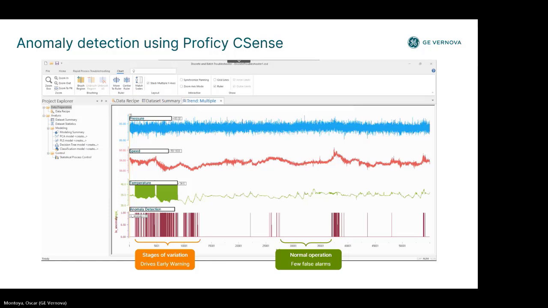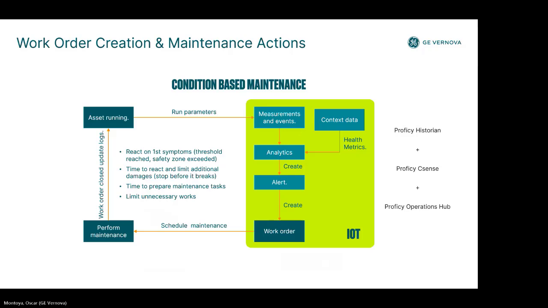So in the next slide, Oscar, can you switch there real quick. Right. So the close of the story is, after C-Sense helps you determine and detect the anomalies like we just showed in the previous slide, now you can enable your maintenance staff or different operators to take action.